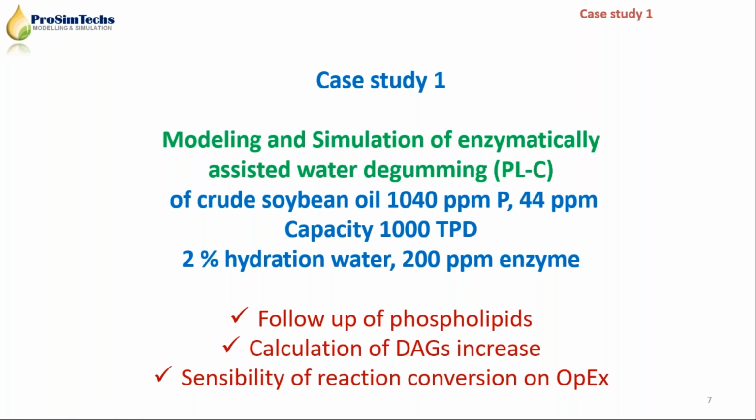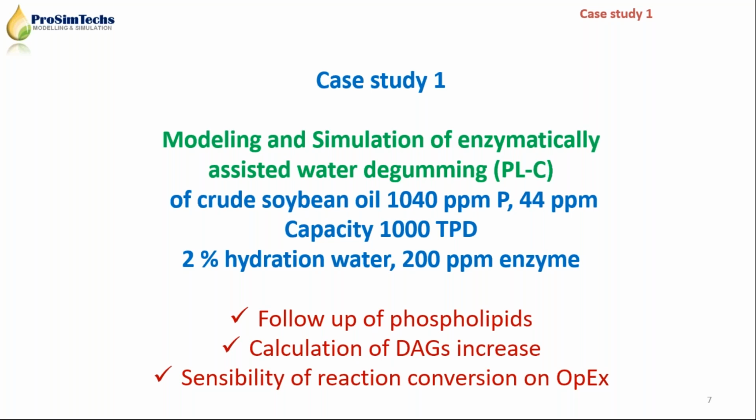So, well, let us start with the core purpose of this webinar, which is the application of process simulation in enzymatic degumming. And in this first case study that I am proposing to analyze, I'm going to show how to use the process simulation model for a case of a PLC assisted water degumming.